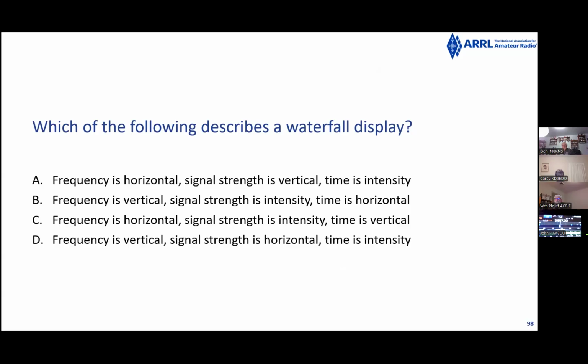What did the falling part of the display indicate? What did it mean when something was falling on the display? It was getting old. It's the old stuff. Okay, so what answer then? It must be C.